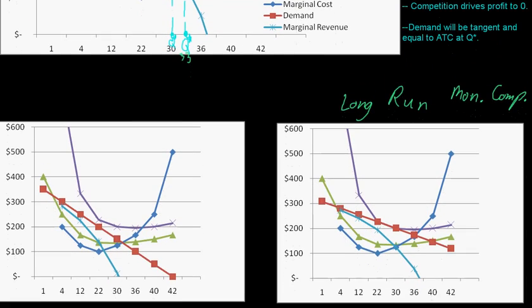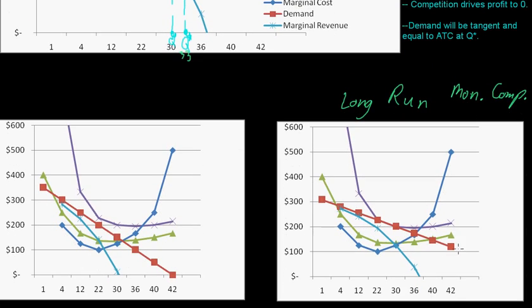So the demand line here, and I left out the legend because it was a little bit too scrunched, is exactly tangent to average total cost. Sorry, I'm just labeling these as I go. Where marginal revenue is equal to marginal cost is right here.